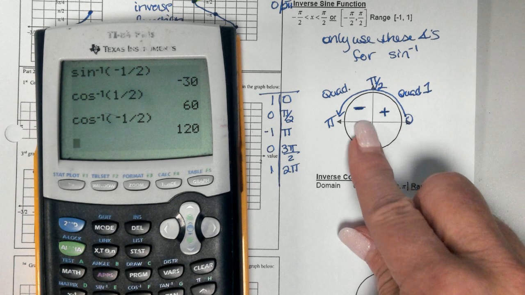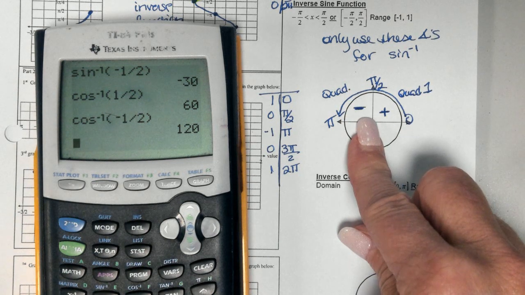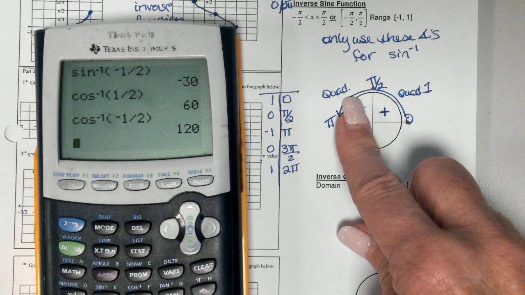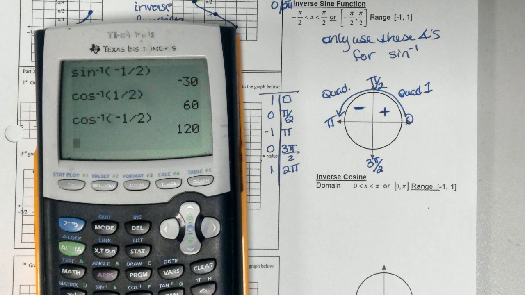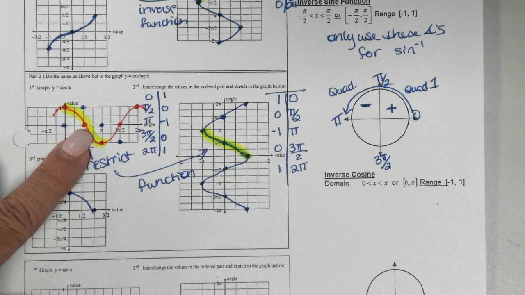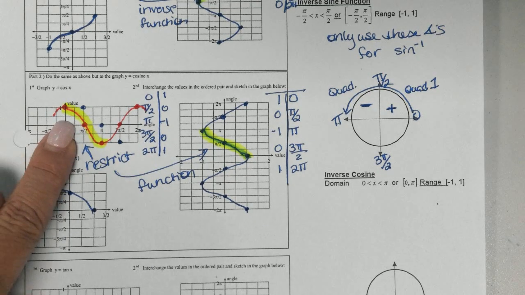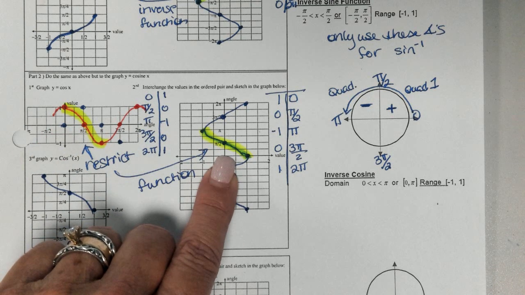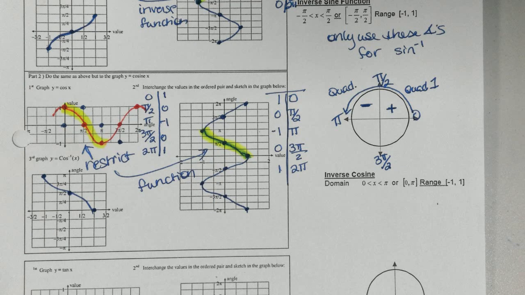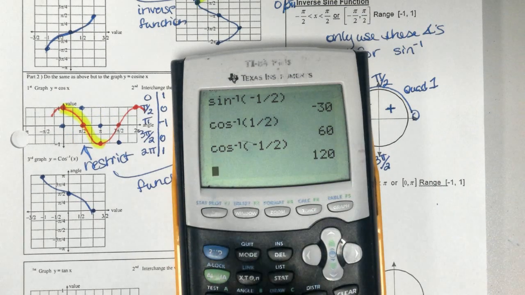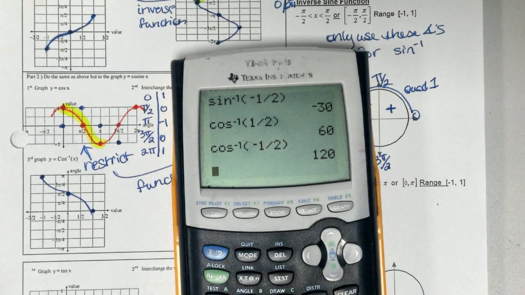And so, therefore, we're looking at quadrant 2 and not negative quadrant 1. Okay? They're totally different. Our restrictions are different because our graphs are different. And we're graphing it so that we can have an inverse that is a function. So when you use your calculator to do inverses, it's only going to give you values in those restricted domains.